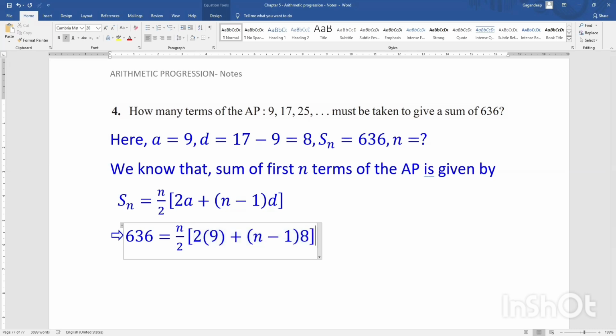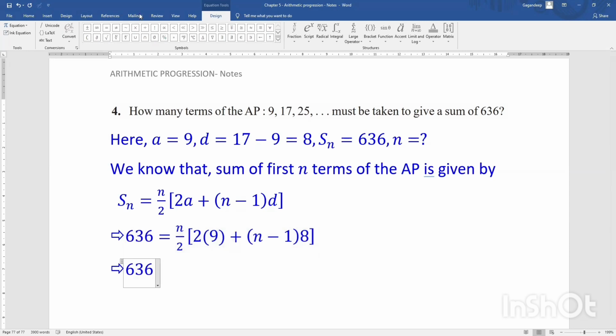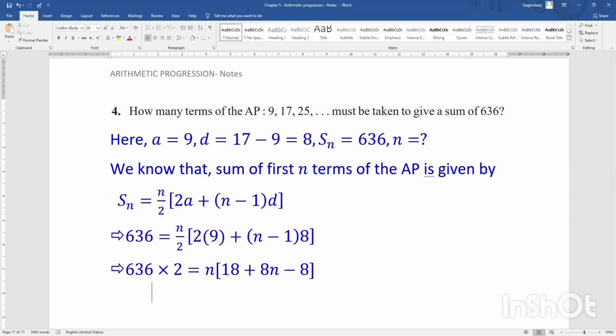In my next step, I need to do cross multiplication. So 636 into 2 equals n, bracket open, now 2 into 9 is 18, plus 8 into n, so it is 8n, minus this 8 into minus 1 is minus 8, bracket close.